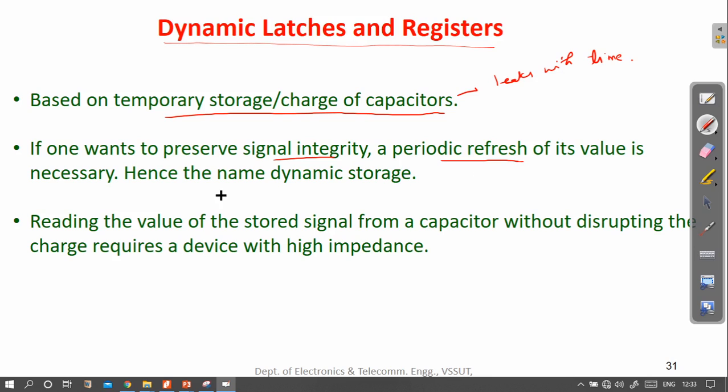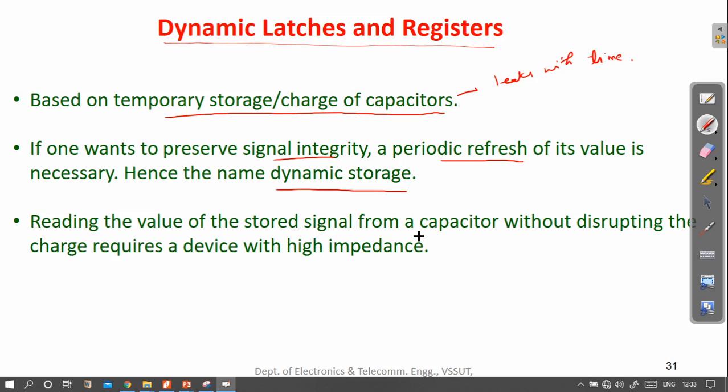Okay, and because of this phenomenon, these are called dynamic storage, dynamic memories, or dynamic circuits. Reading the value of the stored signal from a capacitor without disrupting the charge requires a device with high impedance.